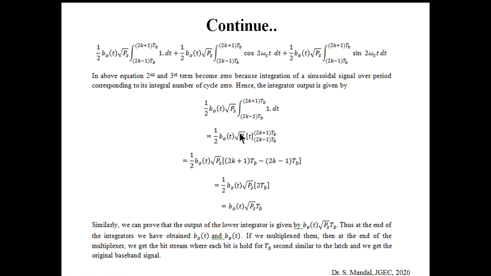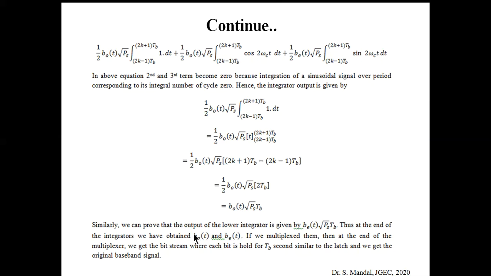If we simplify it, we will get half root Ps into 2 Tb, which is nothing but root Ps into Tb. So obviously the output of the upper multiplier or product modulator is root Ps Tb. That means this consists of the odd bit.